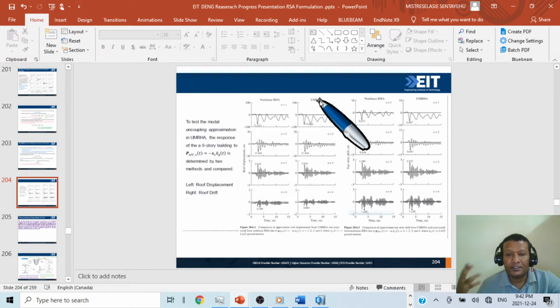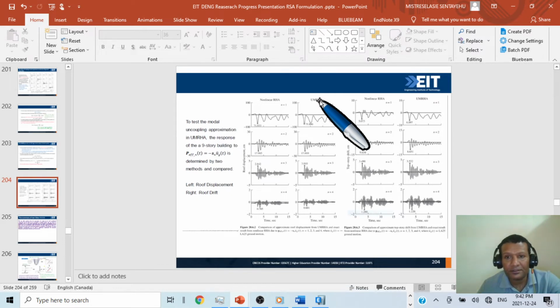Then we will perform the analysis and pick the responses for that mode. For the second mode also we will apply the second mode load pattern and perform the same procedure, cyclic pushover analysis.